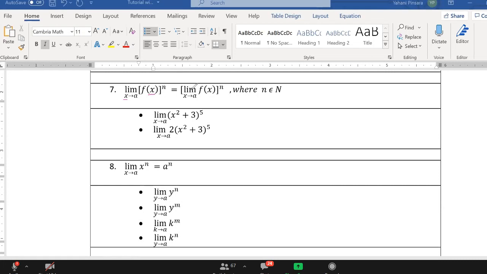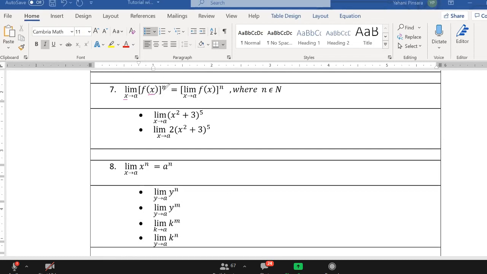So in the 7th one, this function should be a function of the limit's variable, which is x. And there should be a power. You have to find f(x) to the power n.